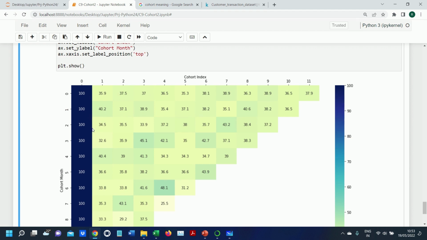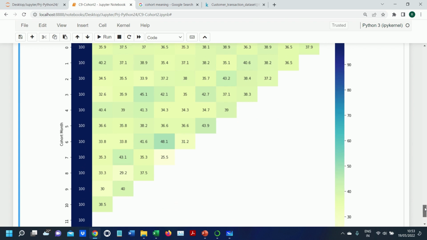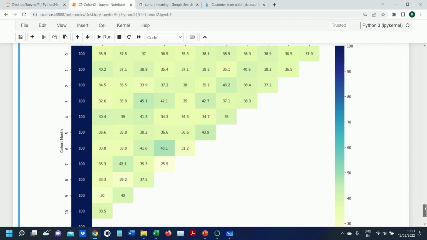The people who joined in the second month are showing consistent rise here and also rise here to some extent. So this helps business understand where they need to put more efforts. The people who joined in month 7 have shown a high amount of interest in the second subsequent month, but slowly started going down.